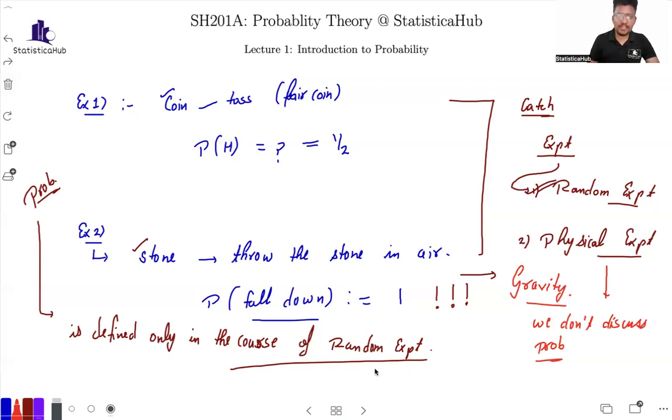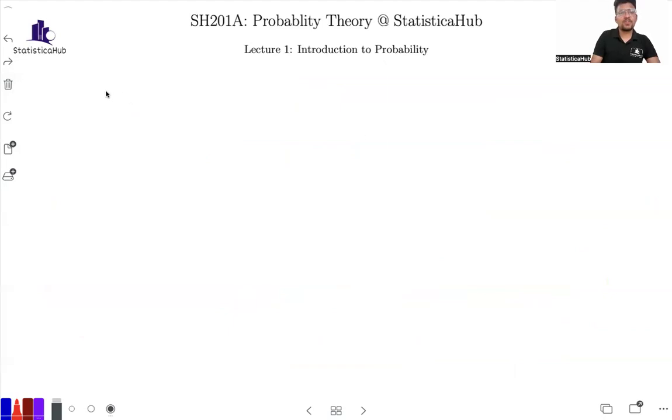Okay, fine. Then moving ahead, let's come to the concept of a random experiment. So what is a random experiment? Is it an experiment that is very random? Let me take one example.